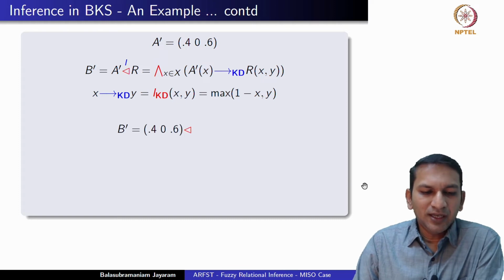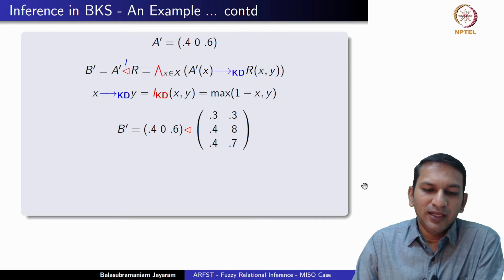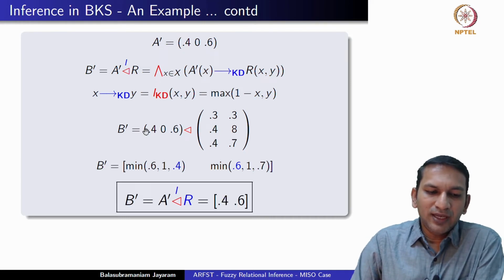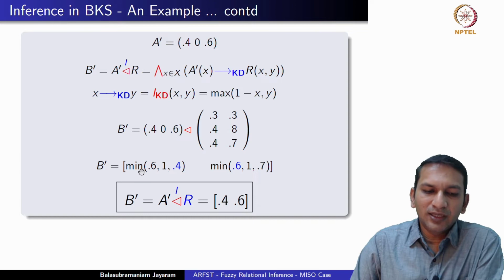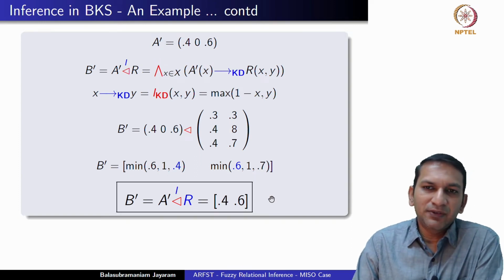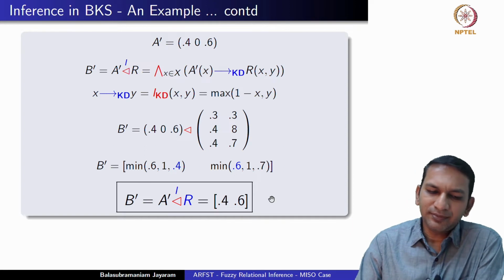And we have seen that when we give this input A dash to this relation, this is the output that we obtain. So when you take this row into this column using the Kleene-Dienes implication, these are the values you get, and then it's actually infimum over this, so the minimum of them will be 0.4, the minimum here is 0.6, and that's how we get 0.4, 0.6. This is an example that we have discussed in the last lecture.